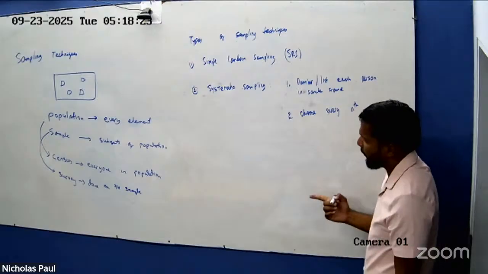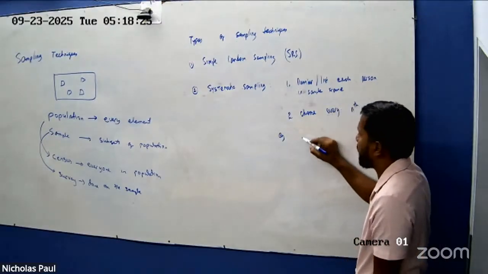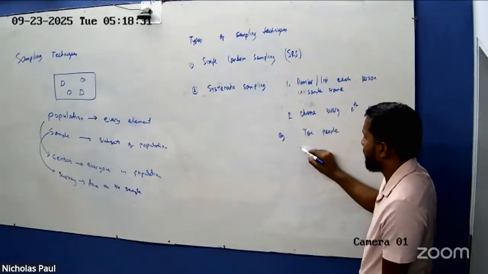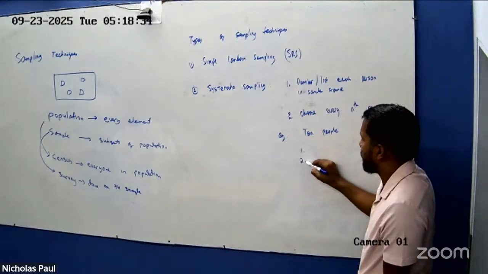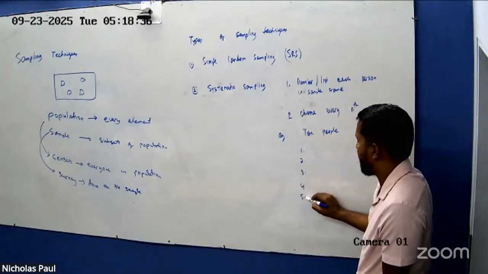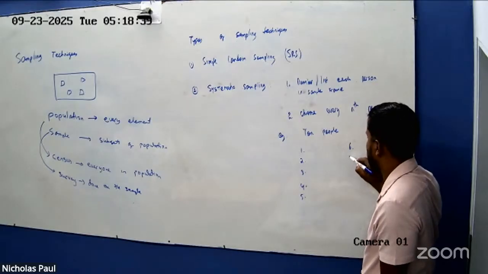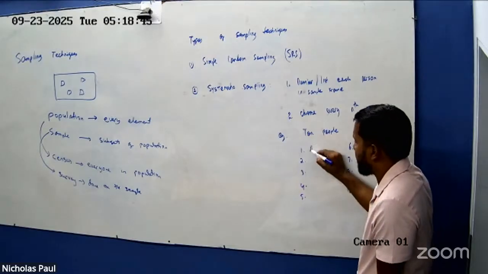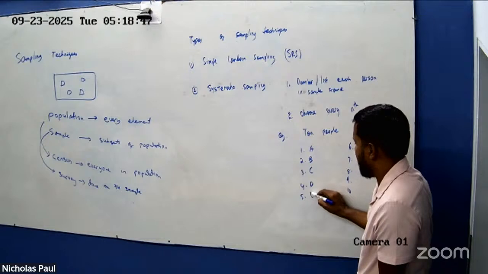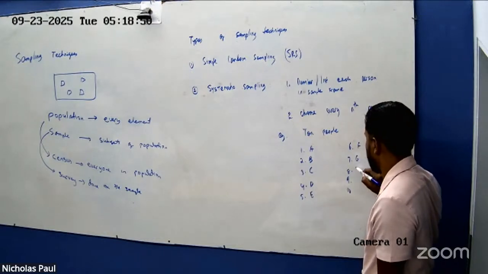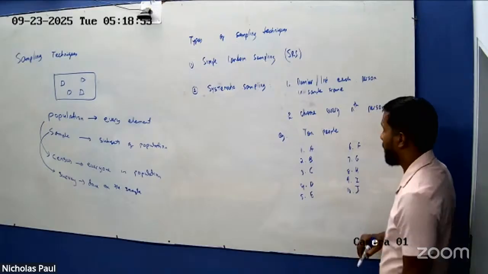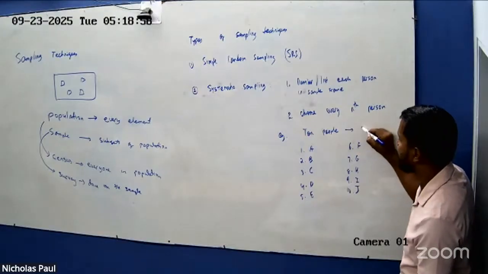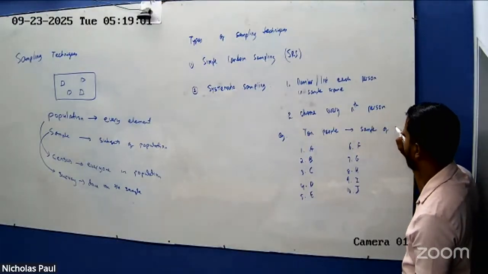I'm going to give you an example. Let's say we had 10 people: person 1, 2, 3, 4, 5, 6, 7, 8, 9, 10. Let's call them A, B, C, D, E, F, G, H, I, J. From these 10 people, you want to get a sample of 3.